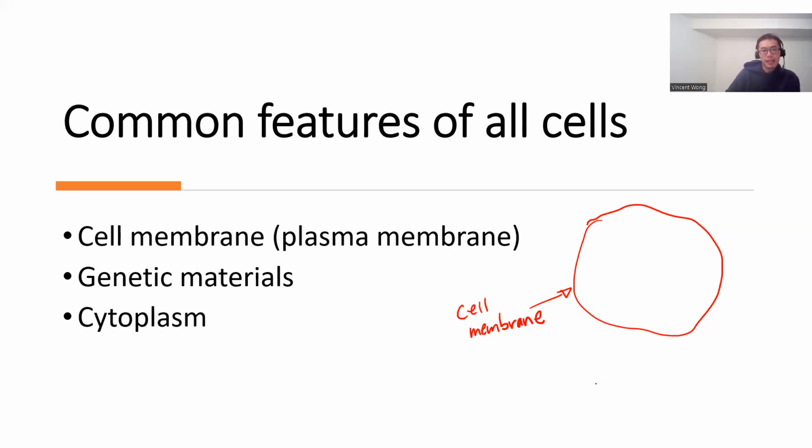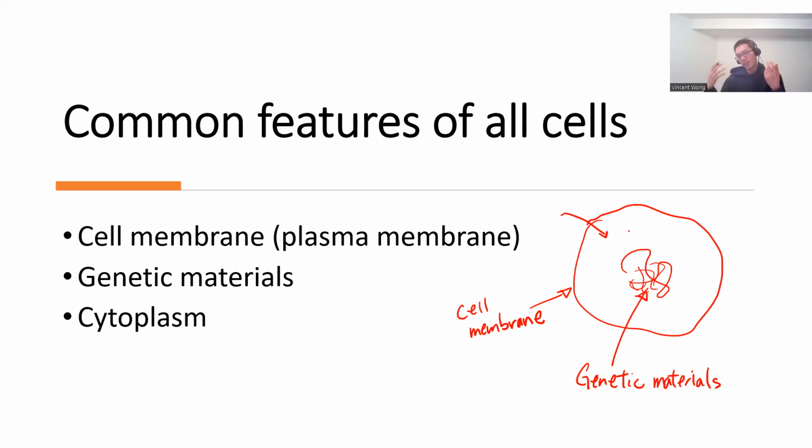In addition, a cell also has genetic material. This genetic material can be DNA, and sometimes it can be RNA as well. And finally, the inside of the cell has this liquid, gel-like material where everything is floating.